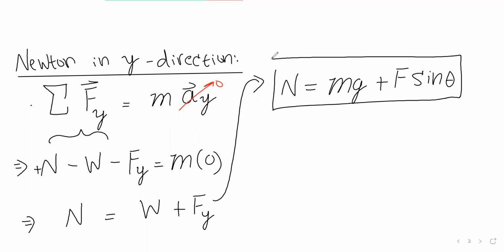Now, there's two choices at this point, and both are equally great. You can plug in all the numerical values here and obtain a numerical value for your normal force, or you could plug the expression of your normal force into your previous equation for acceleration.